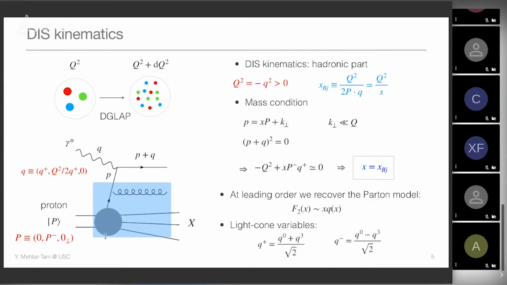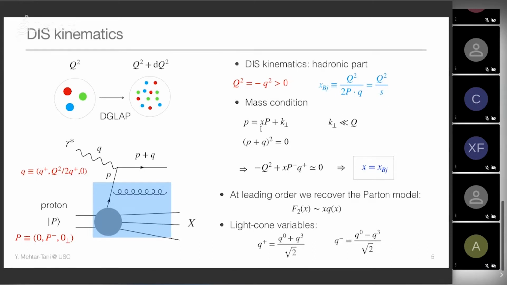The hadronic part is completely characterized by the momentum transfer, with negative virtuality Q squared, and the Bjorken x. Bjorken x is defined as Q squared over 2p dot q, and if you define S as the center of mass energy of the photon-proton system, then Bjorken x is Q squared over S.